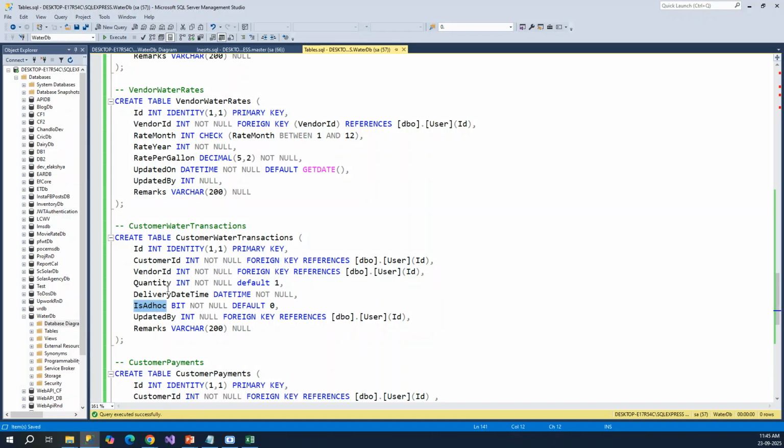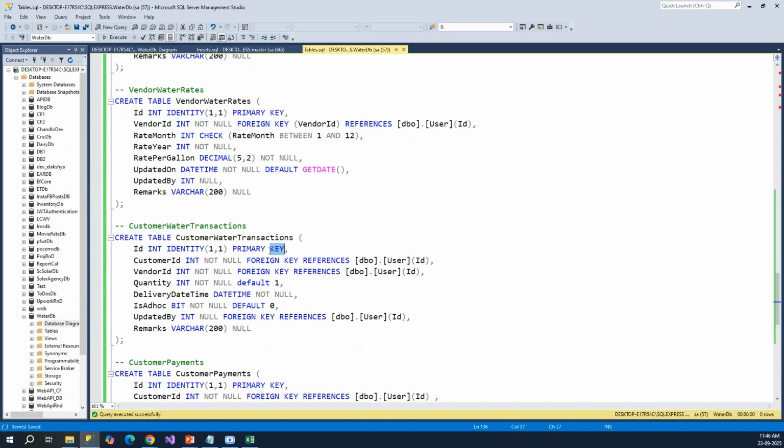Let's say vendor 1 is delivering to customers 1 to 5, and on one day, customer number 6 requested them to provide the water gallon also. This request can be marked as ad hoc because it's more of an on-demand request. They might need it for any reason, maybe the second vendor did not come that day, or they consumed more drinking water.